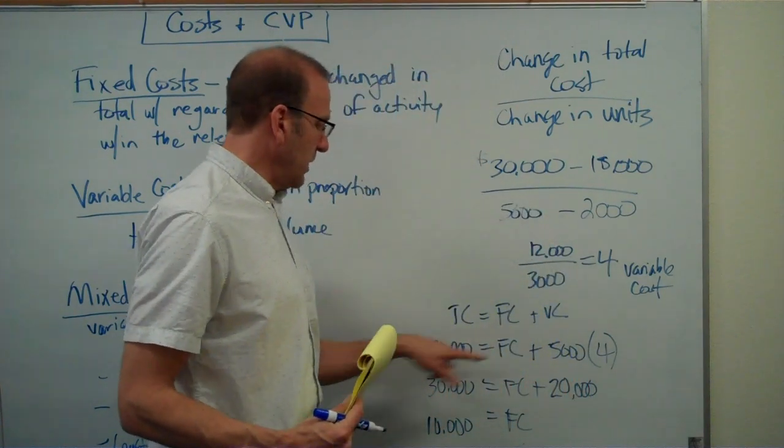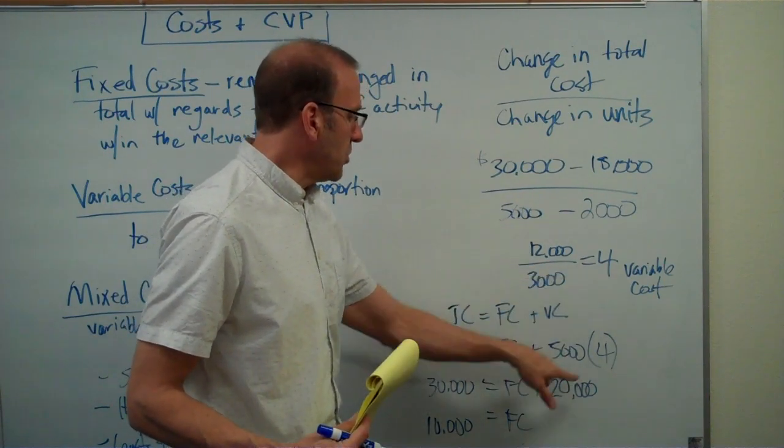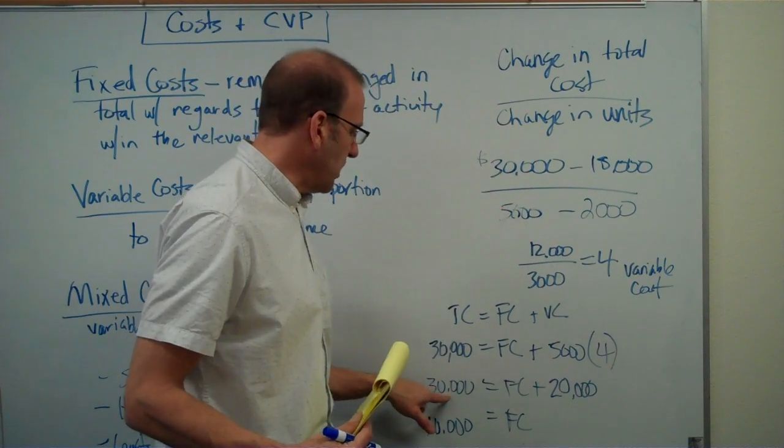I just took the 5,000 units times the variable of $4 per unit. That got me 20,000. Our total cost was 30,000.